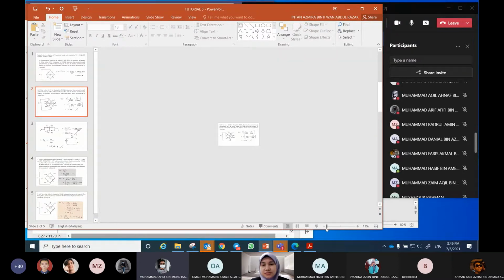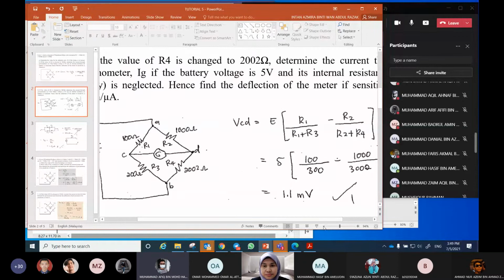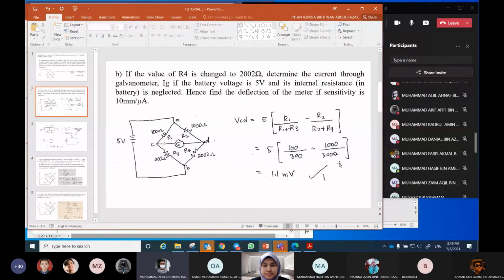Okay, so what is the value for RM in this circuit? No, it's not given. What is the value of RM in this circuit? Someone else then. Zaim Akil. Okay, what is the RM? RM in this circuit.